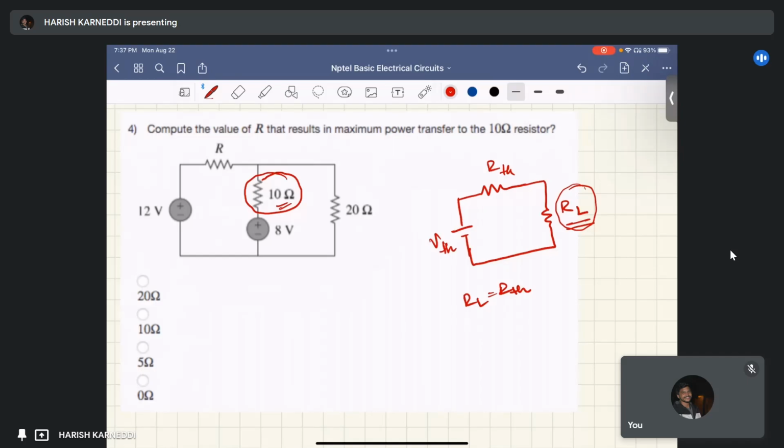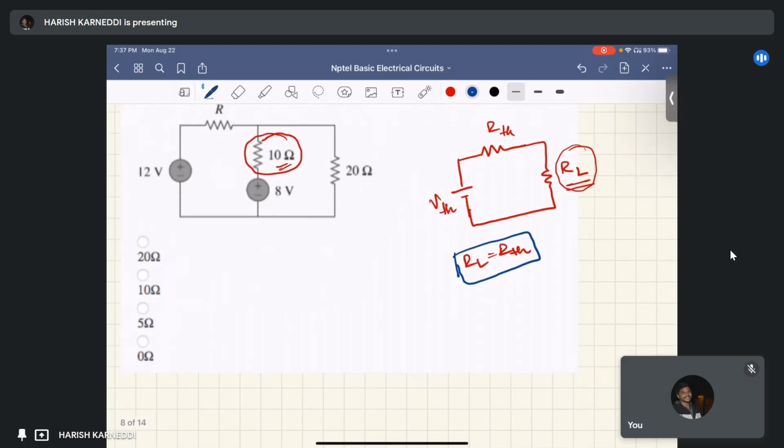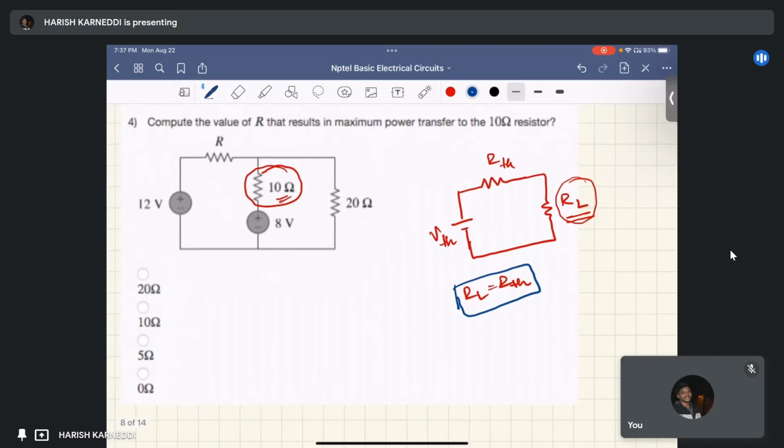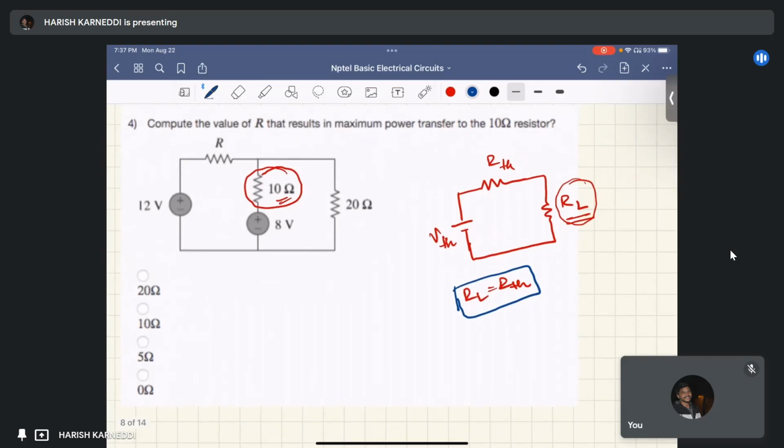The load resistance should be equal to the Thevenin's resistance to get maximum power from the source. The same theorem we are applying here.